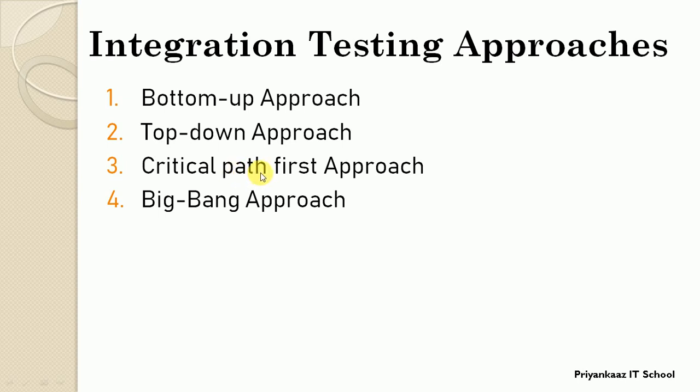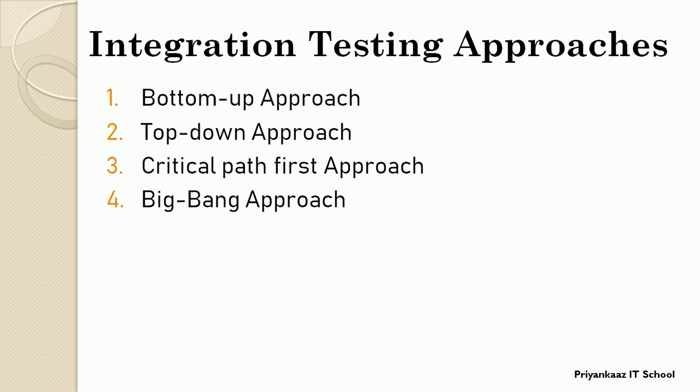Clear? So the developer or tester focuses on the important functionality of the application, right? Here all the core features or important functionality of the application are integrated first, and then other modules get integrated based on the need, or based on the customer requirement, right?